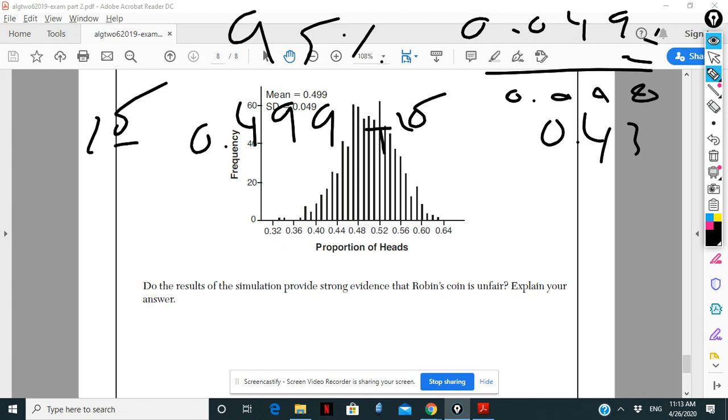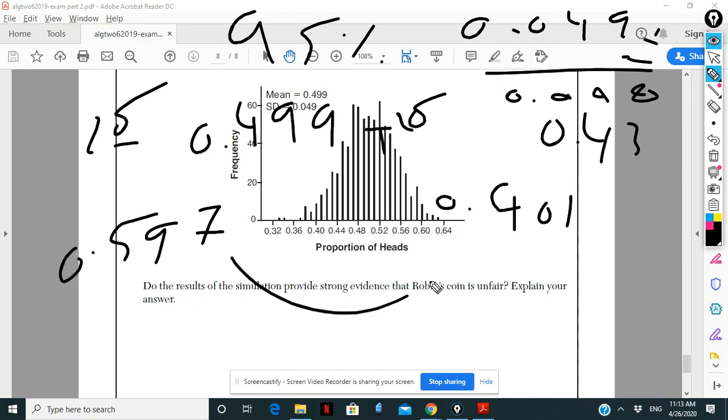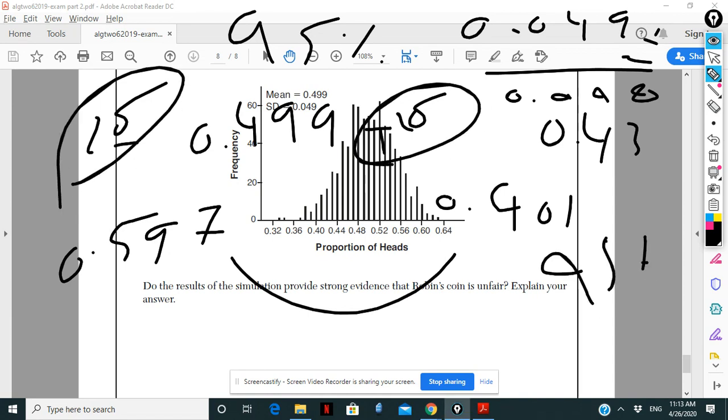If I subtract it, it's going to give me 0.401. If I add it, 0.597. So that's covering the 95% because I added 2 standard deviations and subtracted 2 standard deviations.